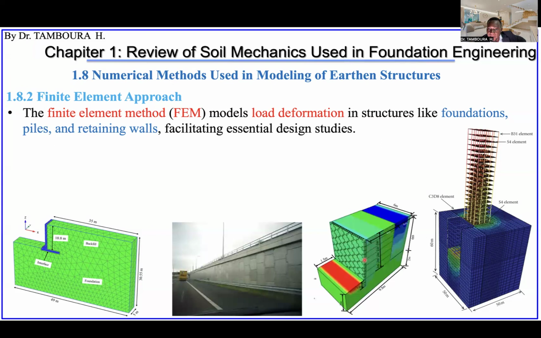So each of these elements, as you can see, there is like a rope that is going in the soil. That rope is maintaining this structure.